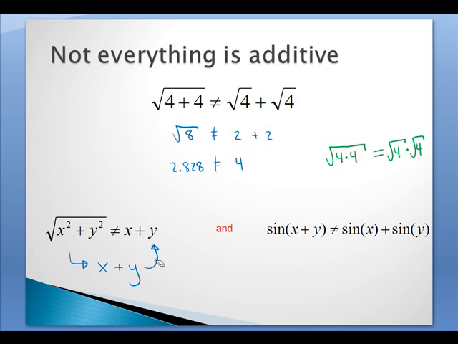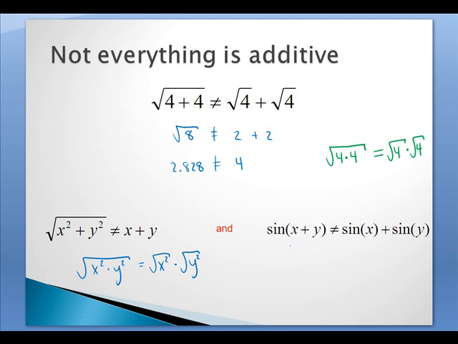But again, we have addition under the square root, and so you can't separate it like that. If we had multiplication, then you would be able to separate it. So for example, if I had root x squared times y squared, then that would equal root x squared times root y squared, which is fine because again, you have multiplication.